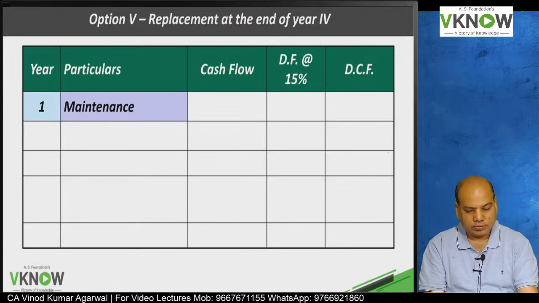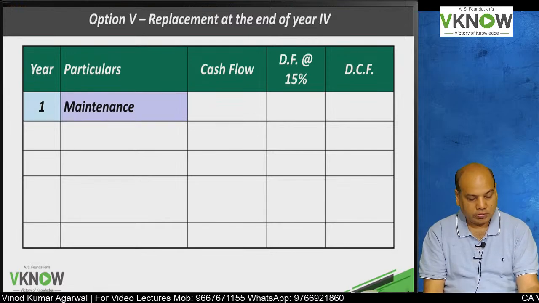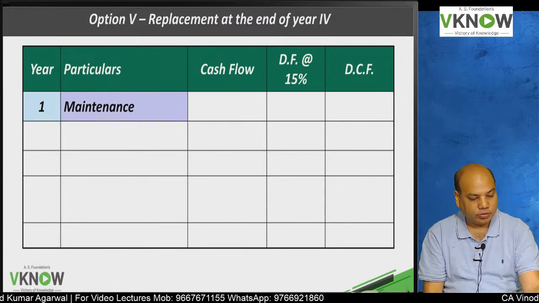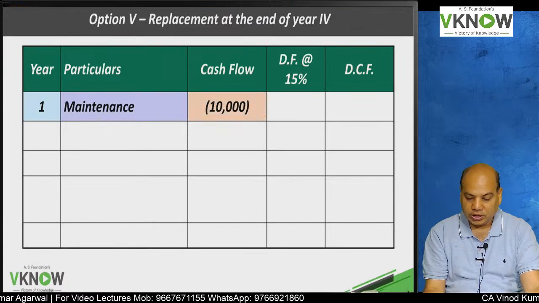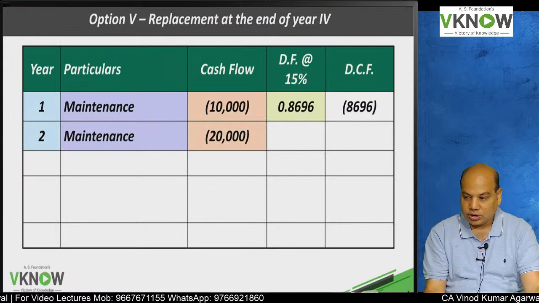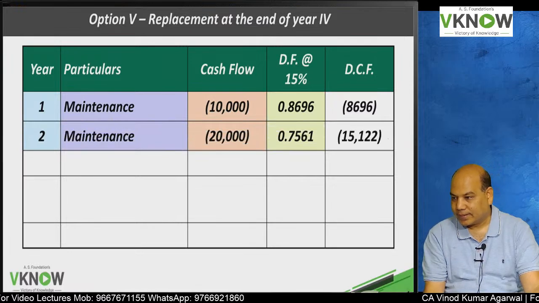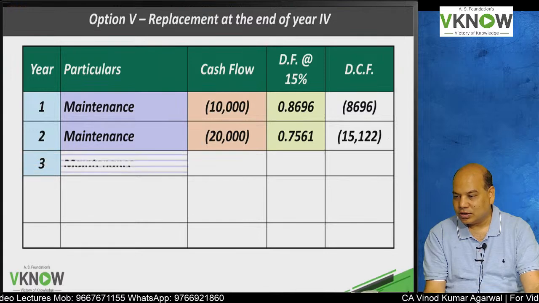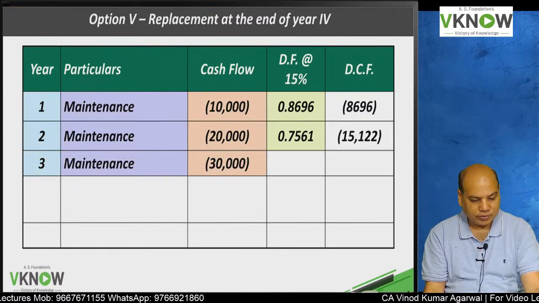Year 0 write down, year 1 write down, because we are going to use it for 4 years. So maintenance cost 10,000. Maintenance cost year 2 20,000. Maintenance cost year 3 30,000.